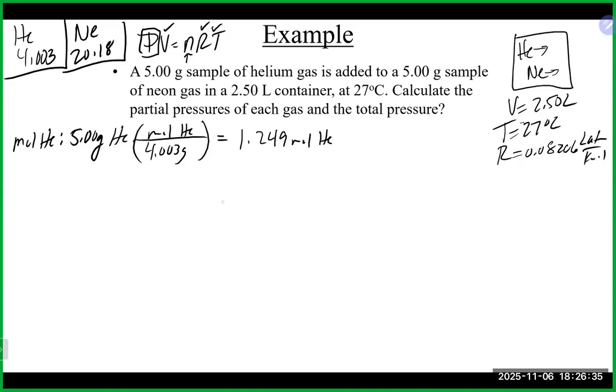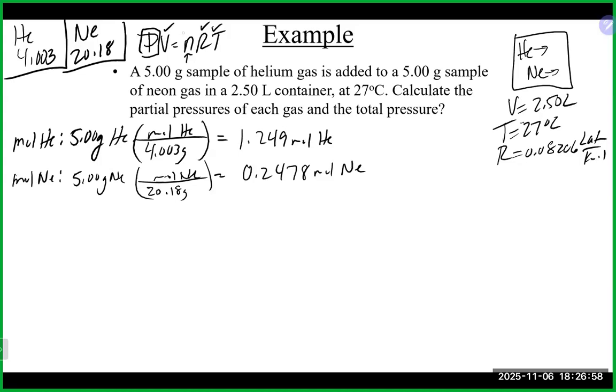We'll do the same thing for our neon. We've got 5 grams as well, and we divide this by neon's molar mass, 20.18 grams per mole. That's going to give us 0.2478 moles of neon. So now we have the moles of each of those gases, which is the last thing we need.